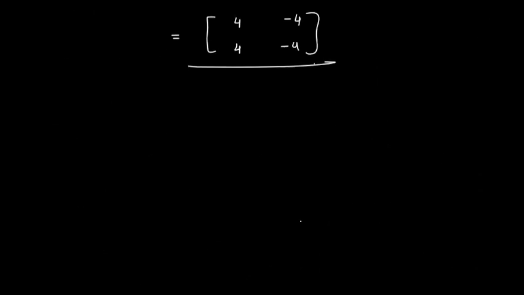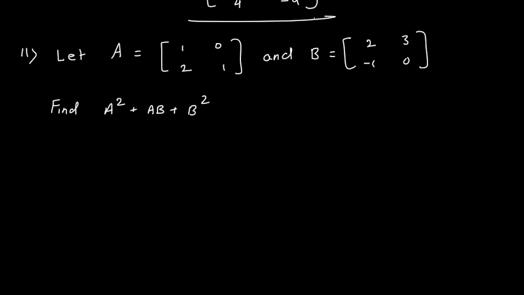Here in question number 11, A given, B given, we have to find A square plus AB plus B square. So let us first find A square. So A square is A into A, that is 1021, multiplied by 1021.